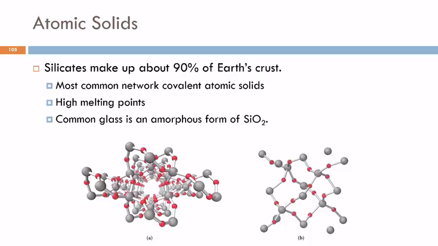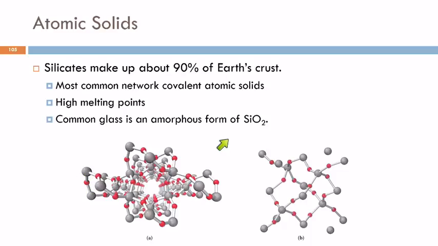Silicates are also network covalent solids. So here's a couple of examples. I think this is an example of glass, and this is something like quartz. So here we see that there's a very regular pattern formed by these different atoms.